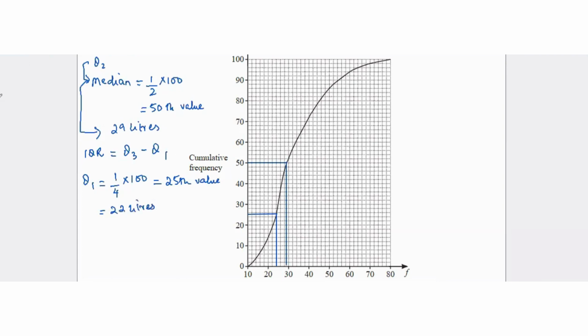And for the upper quartile, it's going to be the 75th value, which is 3/4 of 100.